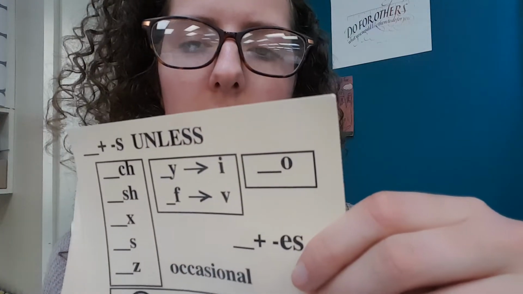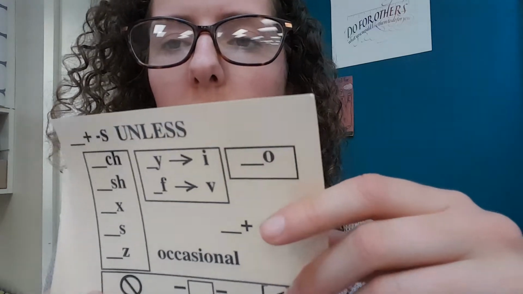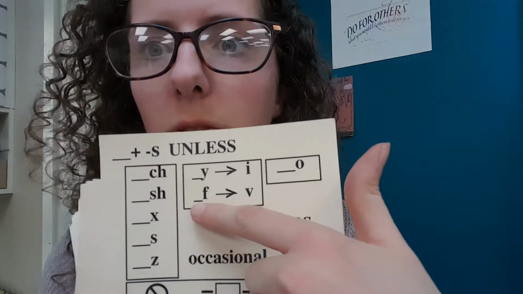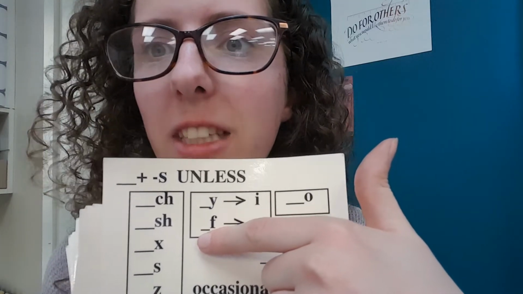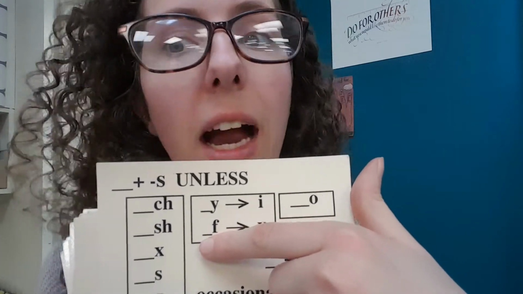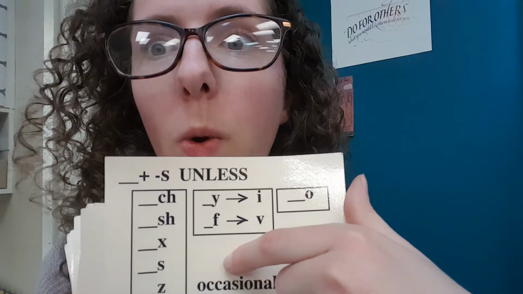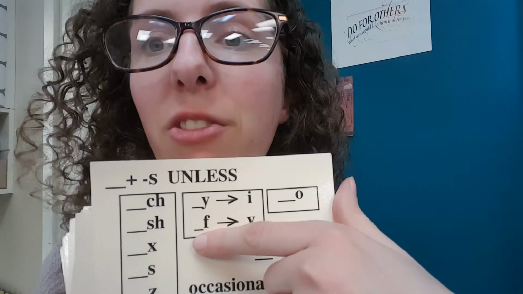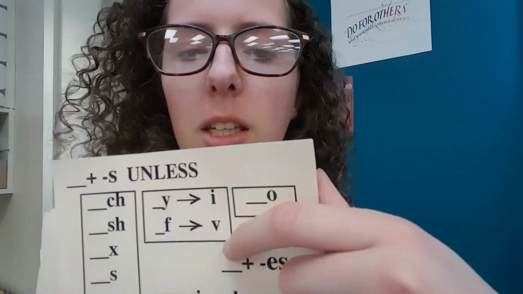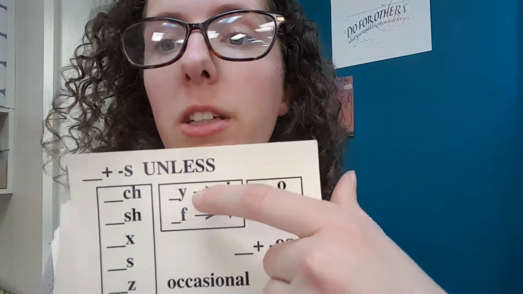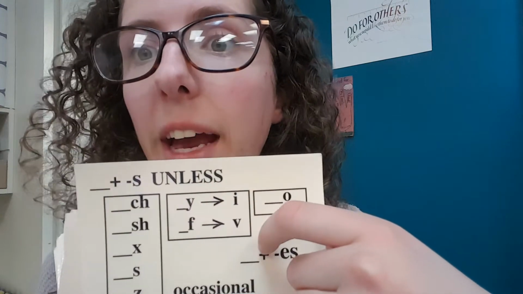The second reason is changes. So, wife, as an example, if many wives came to a gathering, it doesn't sound like wifes. It sounds like wives. It changes to a V. Or, for example, fly.